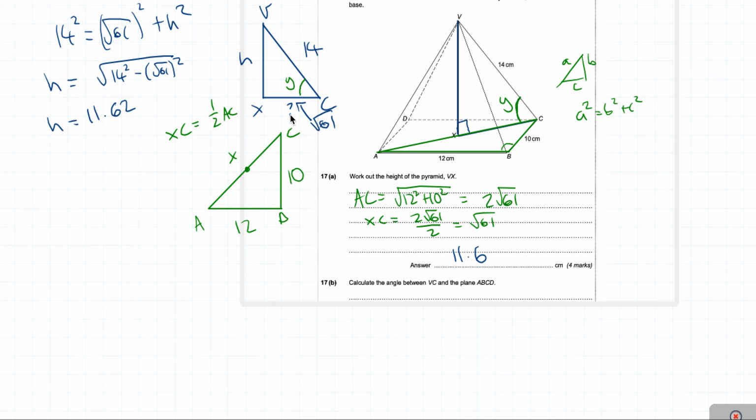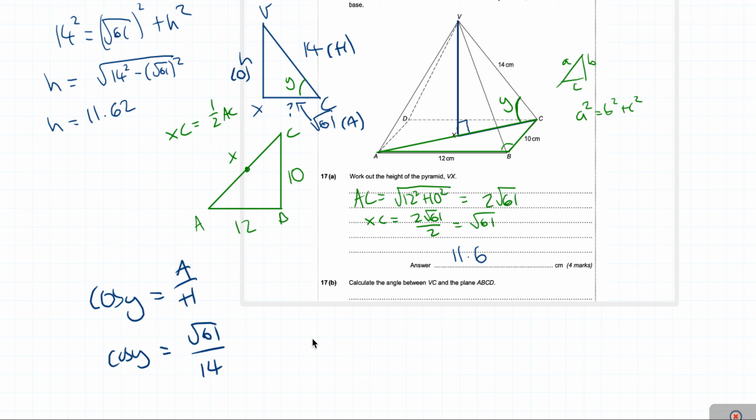Here for more completeness, I'm going to use cosine. Cos Y is equal to adjacent over hypotenuse. So remember that this is opposite, this is adjacent, and this is hypotenuse. So cos Y is equal to root 61 over 14.